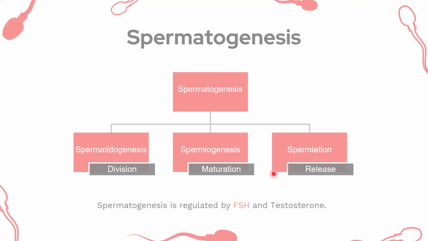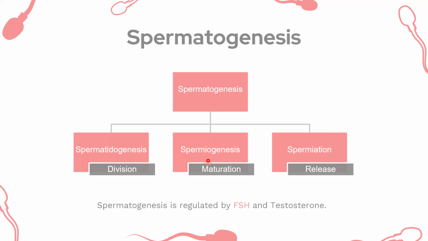Why? Because it is regulated by the Sertoli cells, right? They're the ones that are actually responding. Spermatogenesis can be broadly classified into three distinctive steps. First of all, you're going to have division, which is also called spermatidogenesis because we're creating a spermatid. And then after spermatidogenesis, I want to mature the spermatid that I had.